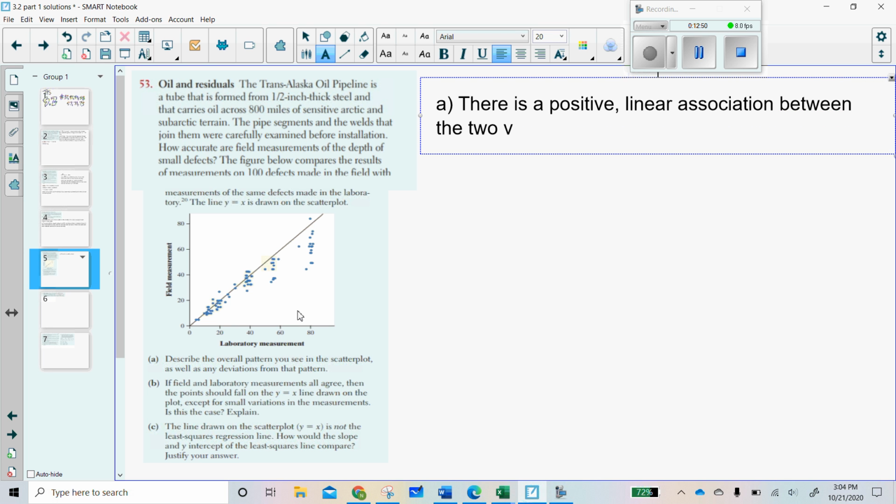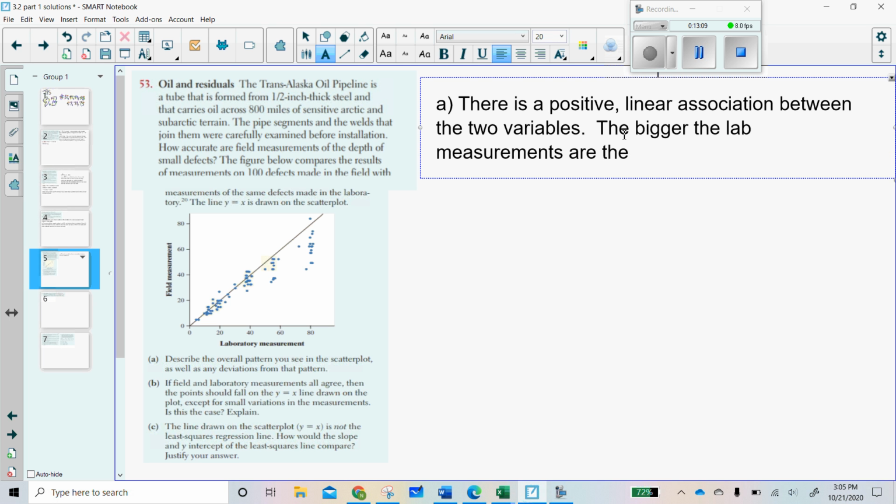And notice that the bigger you go, the more spread out these are. So I think that's something to note about the deviations. The bigger the lab measurements are, the further they deviate from the pattern.